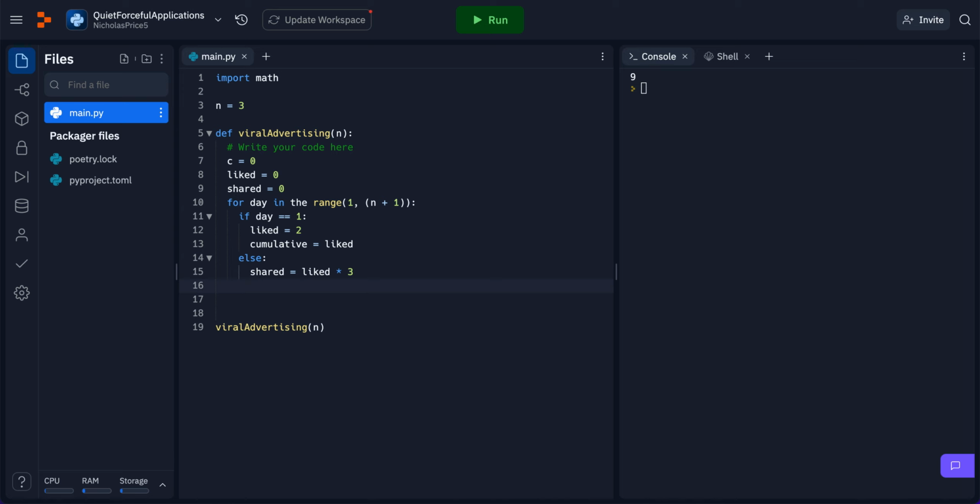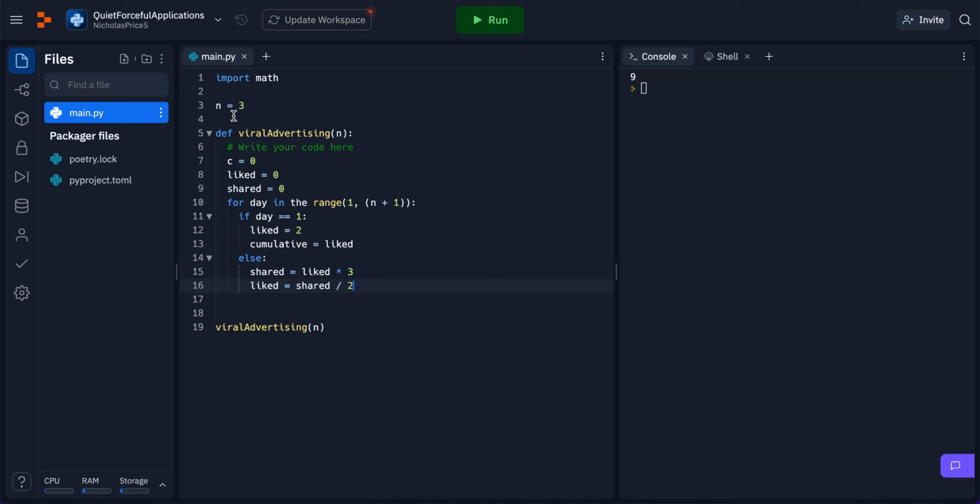Now what happens next? So you've got your shared variable, and for each person that it's shared to, 2 people like it. So we will go ahead and manipulate our liked variable. Liked will become shared over 2. Okay, perfect.